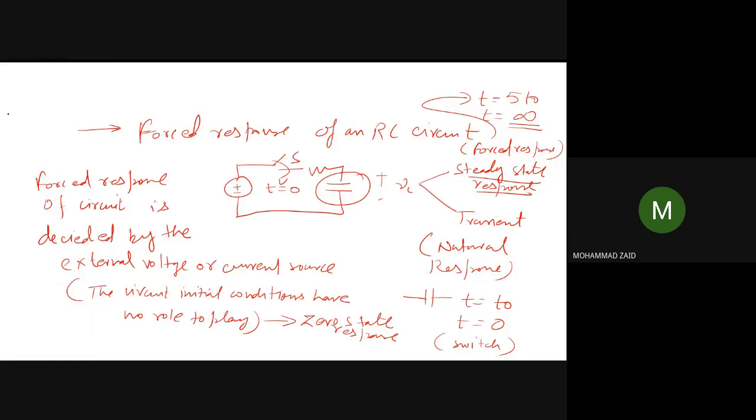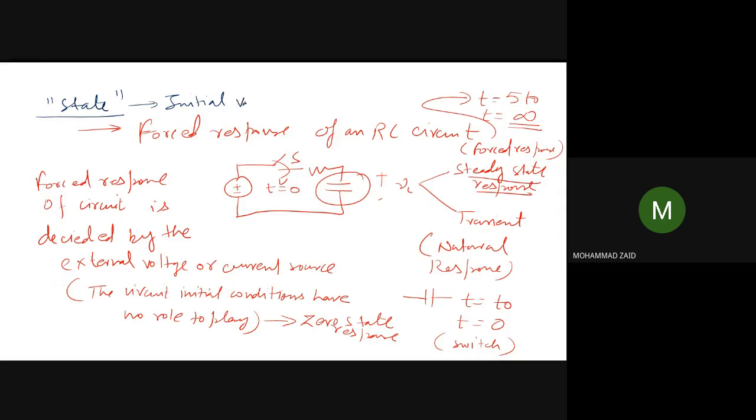There is one word which is used, which is known as state. So state means initial. In an RC circuit and RL circuit, state is a variable. We'll also go through it in detail, that is, what do you mean by state?